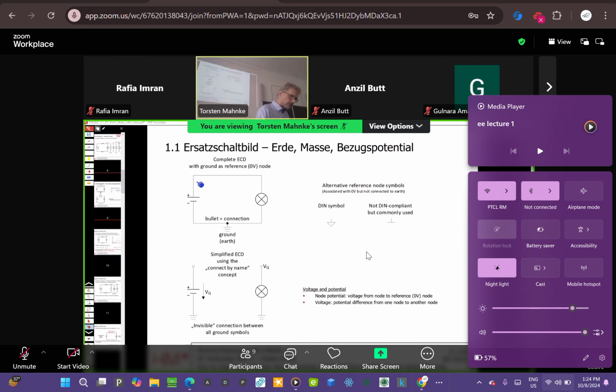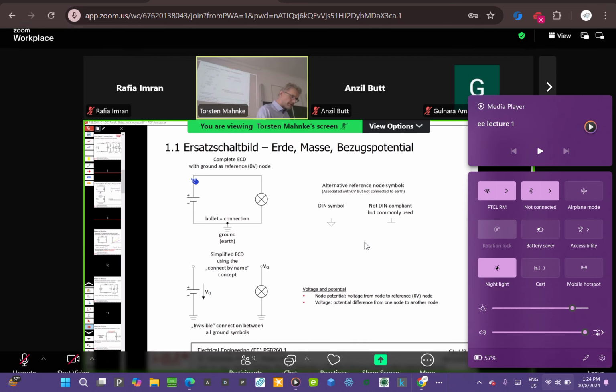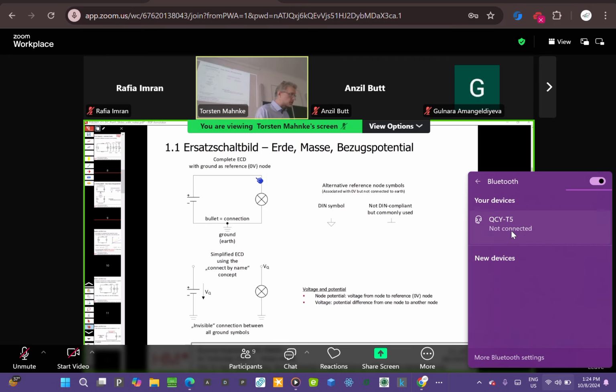In the upper diagram, we show by using a line that there is an electric connection from this node to this node.